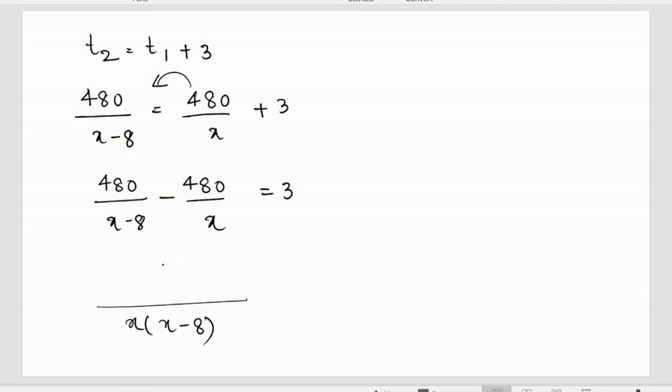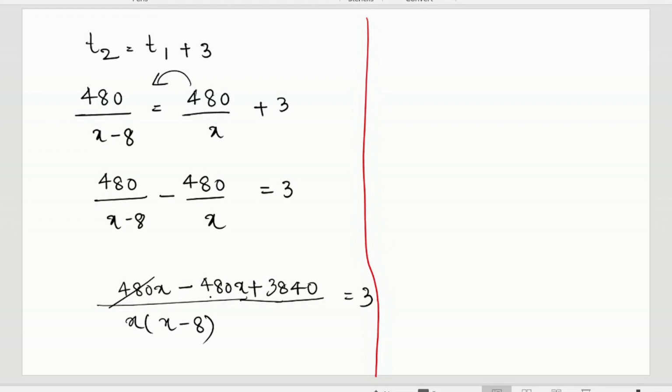Here you will get 480x minus, and minus of minus plus 480 into 8 is 3840, is equal to 3. So 480x minus 480x will get cancelled. So you will have 3840 by x into x minus 8 is equal to 3.